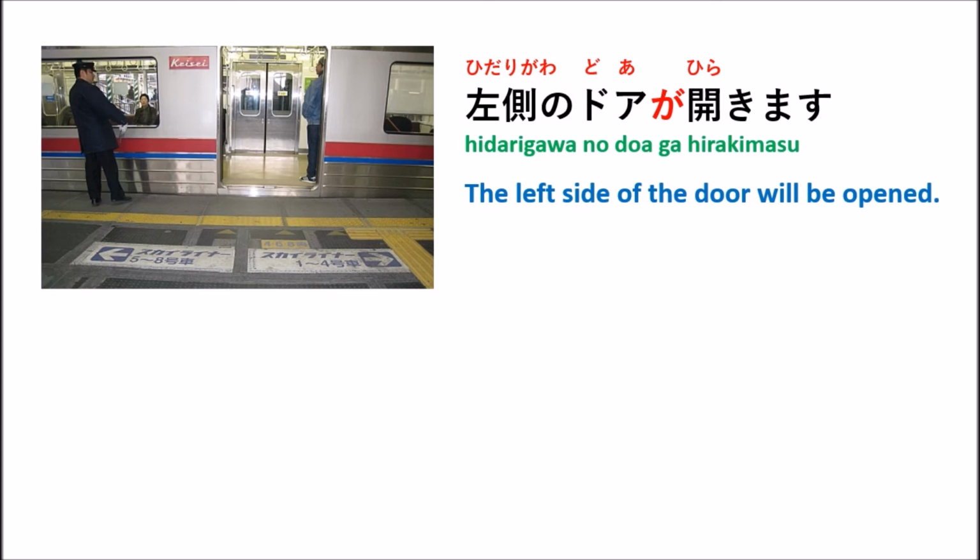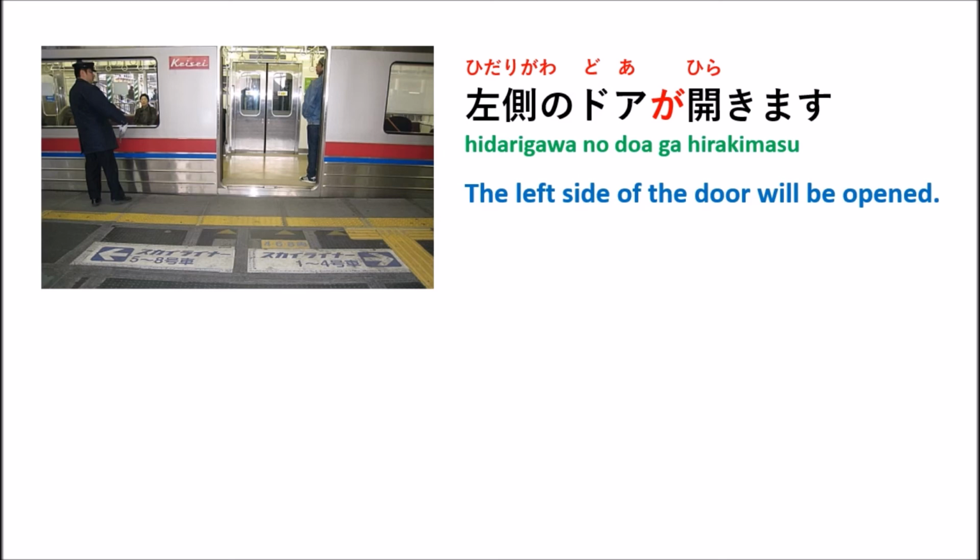So when you want to say the left side of the door will be open, you can say like this, 左側のドアが開きます, which means the left side of the door will be open. 左側 means the left side.